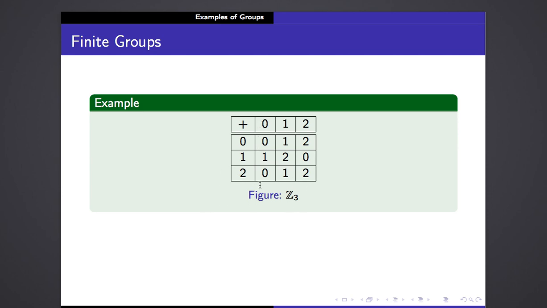And 2 plus 0 equals... 2 plus 1 equals 3, right? Something is not right, okay?